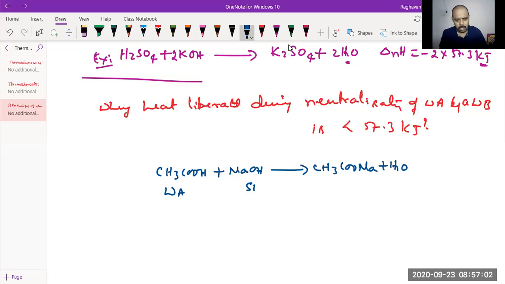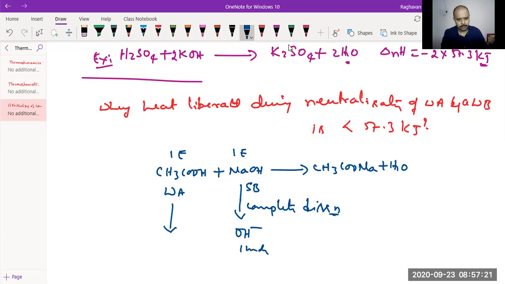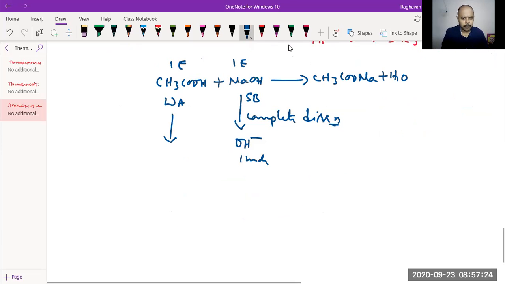Now this completely ionizes, complete dissociation, to give 1 mole of OH minus. Okay, 1 mole. How about this? Partial dissociation, because it's weak. Weak electrolyte dissociates partially to give H plus ions less than 1.